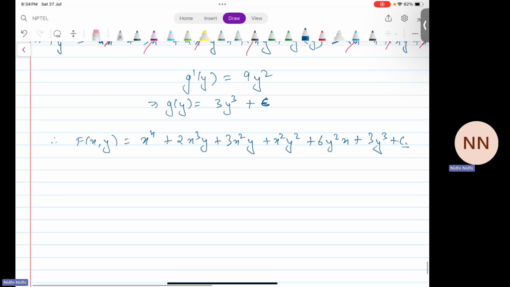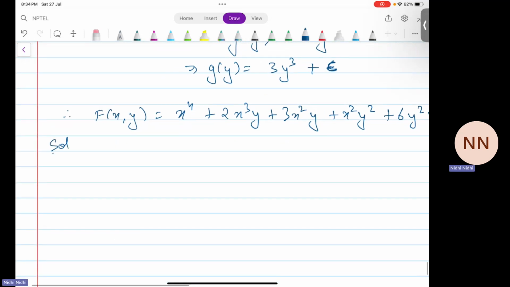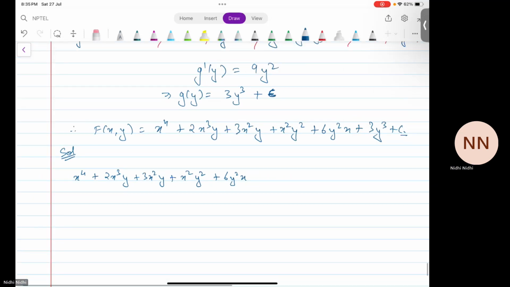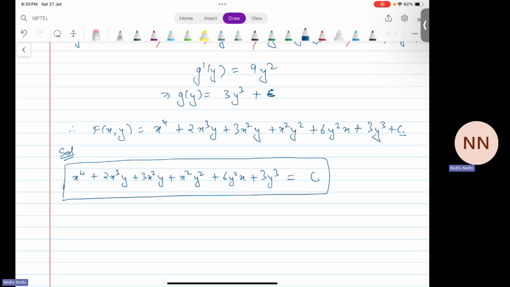Taking this constant on the other side and merging all the constants as c, we get the solution as x power 4 plus 2x cube y plus 3x square y plus x square y square plus 6y square x plus 3y cube is equal to some constant c. So this is the final solution.